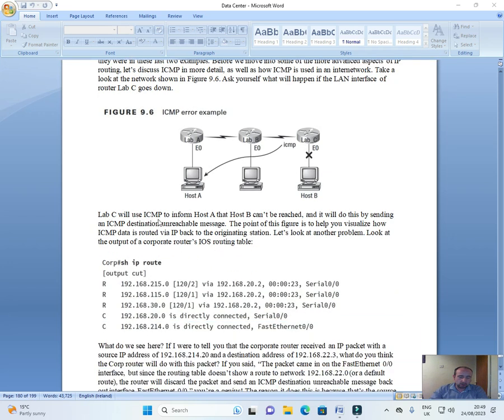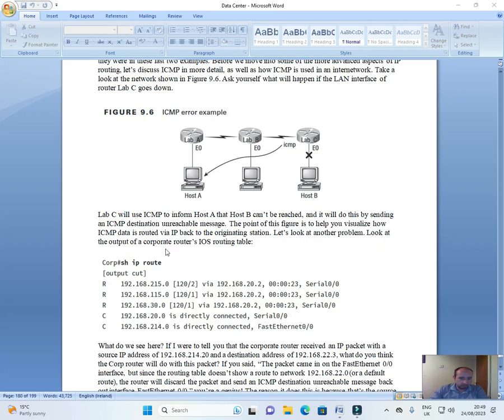Lab C will use ICMP to inform host A that host B can't be reached, and it'll do this by sending an ICMP destination unreachable message. The point of this figure is to help you visualize how ICMP data is routed via IP back to the originating station. Let's look at another problem.